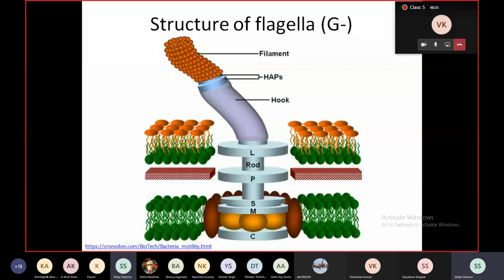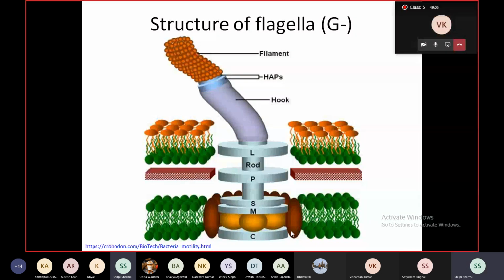Now the gram-positive and the gram-negative cells differ in the structure of the basal body because of the difference in their cell walls. Gram-negative flagella usually have an L ring. L stands for lipopolysaccharide layer of the cell wall. A P ring, which is in the PG layer, the peptidoglycan layer, and an MS ring that is located within the cytoplasmic membrane.